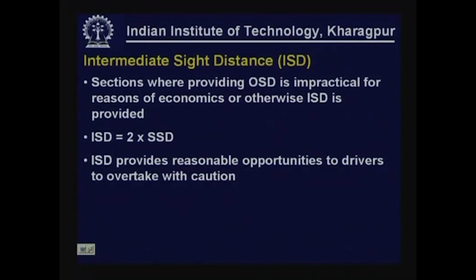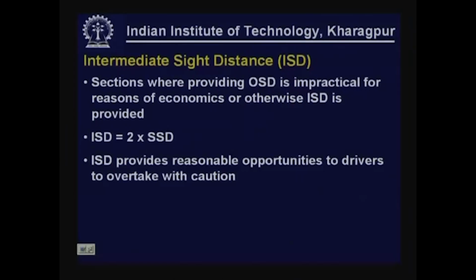This design recommendation is only given by the Indian Roads Congress guideline, not by AASHTO. AASHTO does not recommend anything called intermediate sight distance, but it is a recommendation given by the Indian Roads Congress.